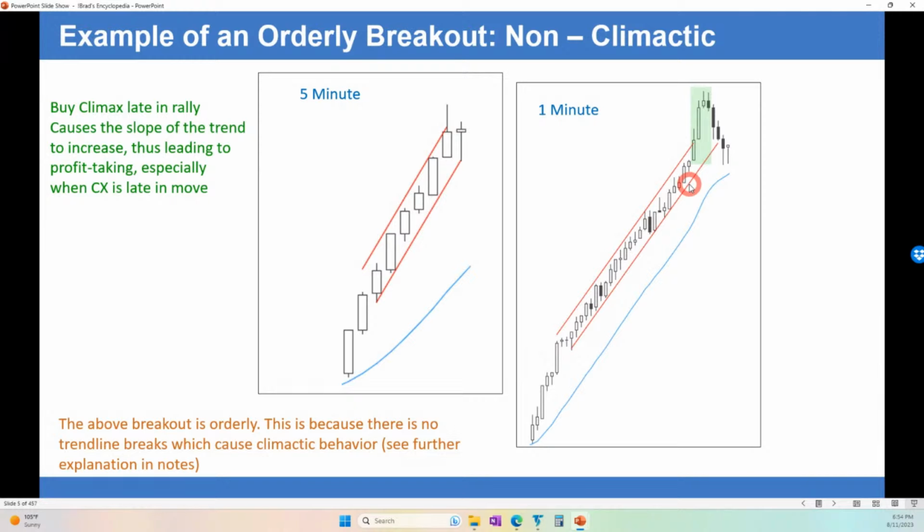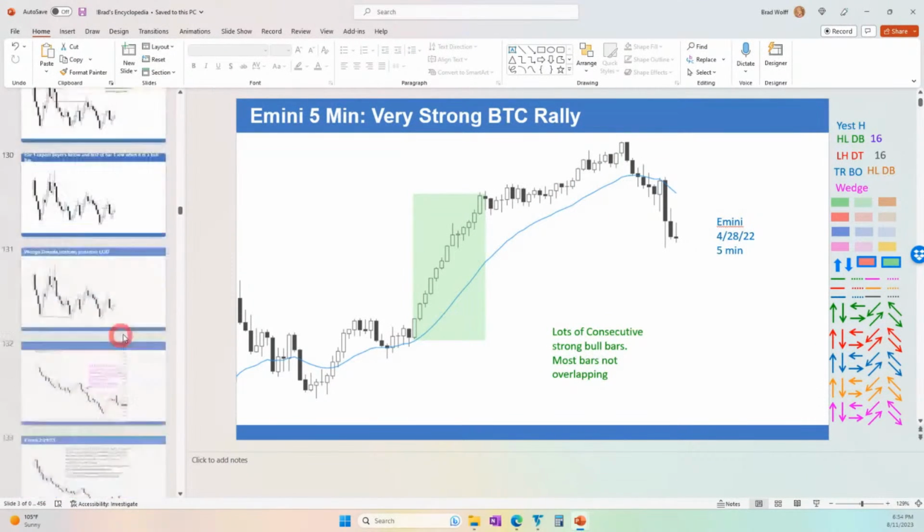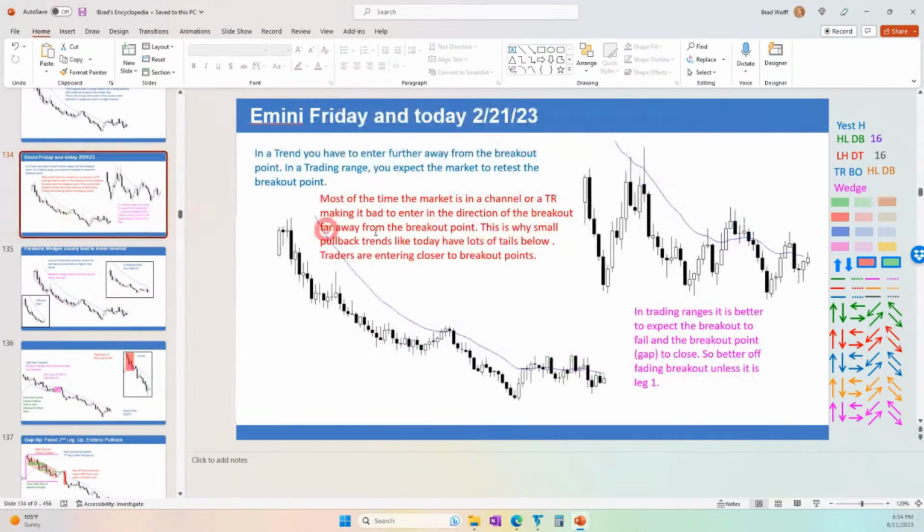So one of the ways to think about climaxes is, let me find an example. Small pullback trends like this right here can last a really long time. And the reason is it doesn't go too far too fast.